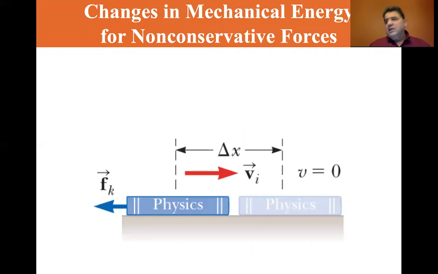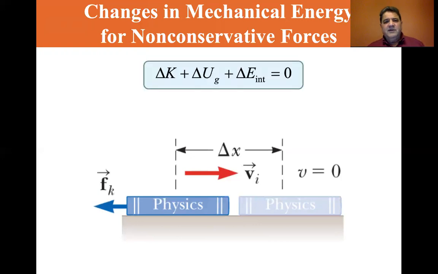Now, we're going to continue on. There's only one slide for section 8.4, changes in mechanical energy. Same picture: the book, you give it an initial push and it slides to a velocity of 0, from initial velocity to velocity 0.